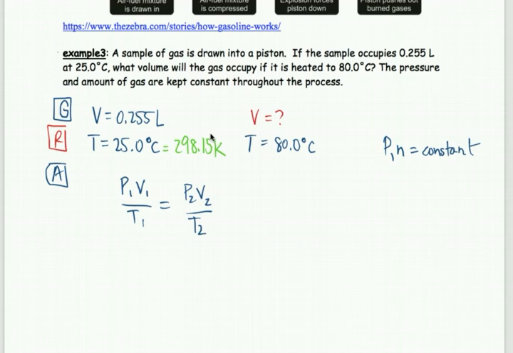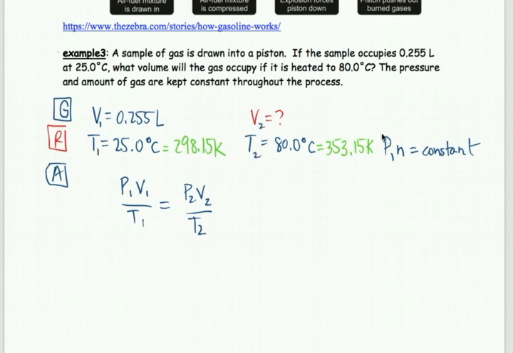Again, I just added the 273.15, and we're going to add 80 to this one here. So 80 plus 273.15, and you get that. All right, so we're trying to get volume here, okay? So again, this is the first volume, first temperature, second volume, second temperature.